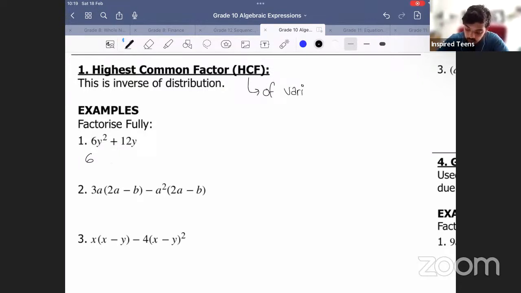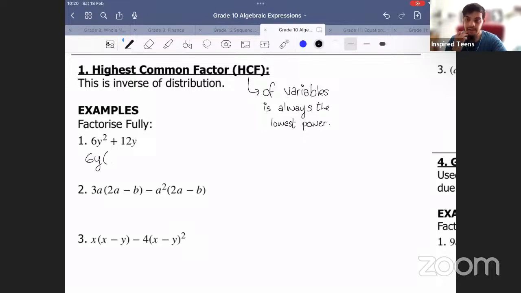Sorry for the noise that my computer is making, I hope it's not too bad. Between y squared and y, the lowest power is 1, which is y. Therefore, 6y becomes the highest common factor.